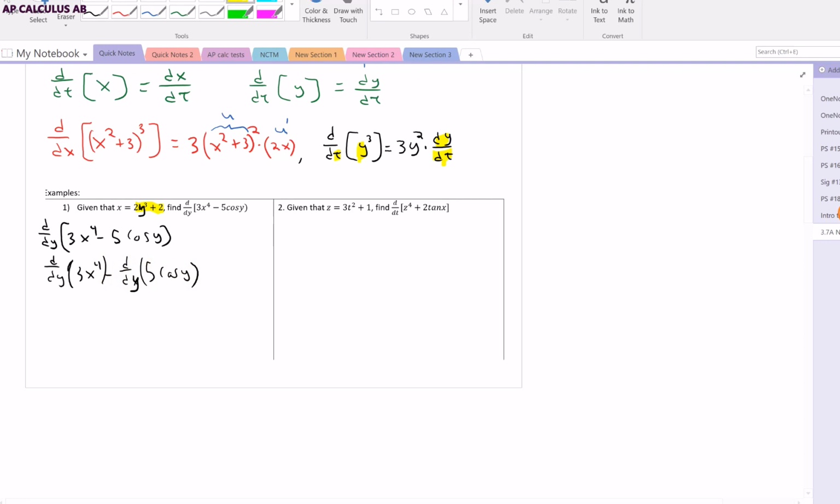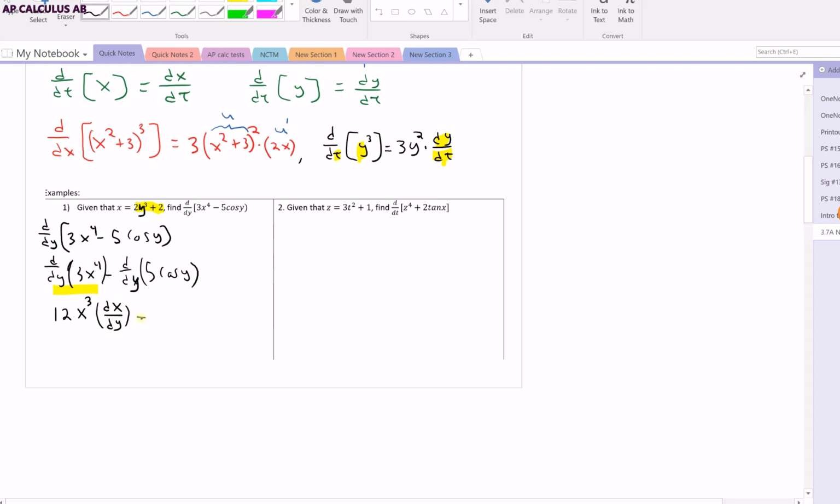So over here, I need to take the derivative with respect to y of 3x to the 4th. Well, this is going to be power rule. Bring down the 4, 12x to the 3rd. And then over here, I have the derivative of the inside, which is d times x over dy. So because I'm taking the derivative with respect to y of x, I get this dx dy.